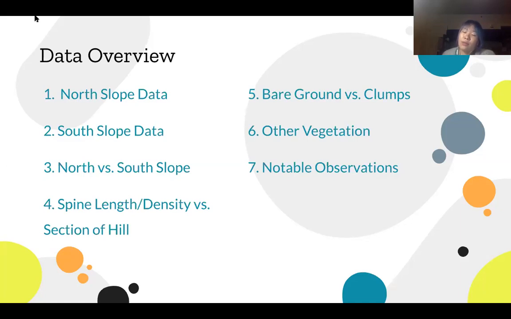We'll also look at whether bare ground has an effect on the density of the clumps of cacti, or if other vegetation has an effect. And at last, we're going to talk about some notable observations and how they connect to the class content and our experiment.